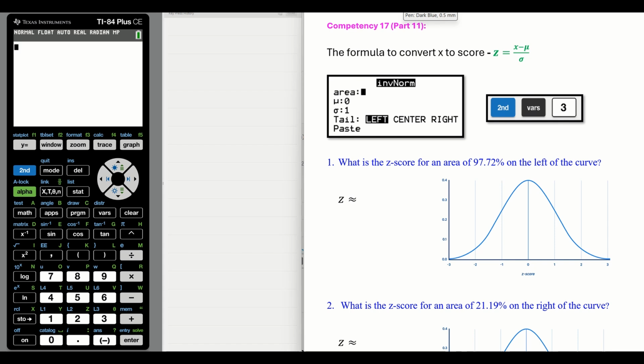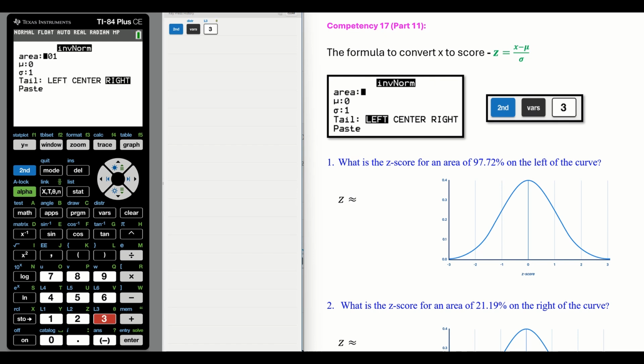Number one, what is the z-score for an area of 97.72 on the left of the curve? Even if it's on the left or right, as you investigate, you're going to realize what we're looking at. So here's what we need to do on our TI-84. It says second vars, which we've worked with a lot.